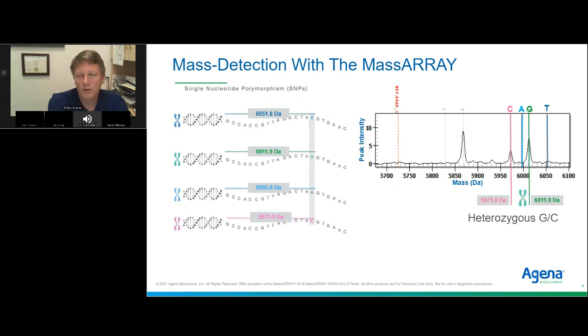There are no fractions there. But in principle, this is how the technology works. We know upfront already what the masses are of the primers, in this case, what the extension products are. And so we can, in real time, define already what the calls are going to be. And then we see other peaks in the spectrum also. These are actually other assays or other alleles from other assays.